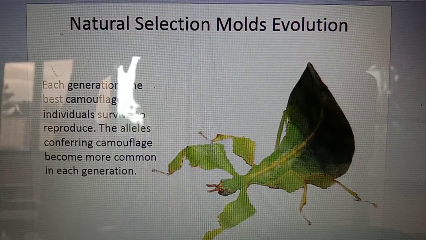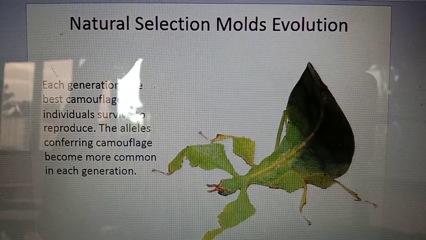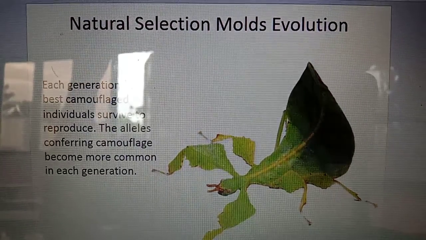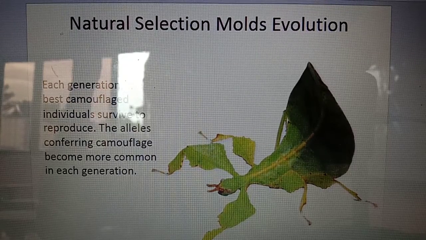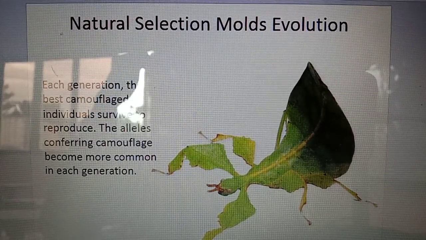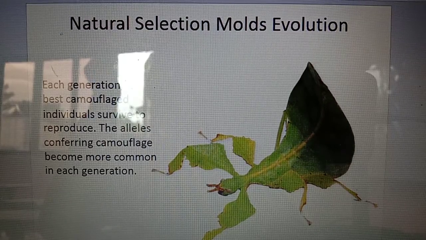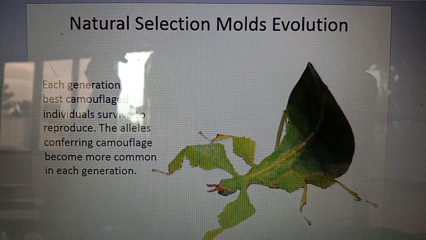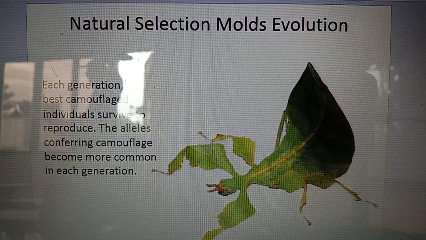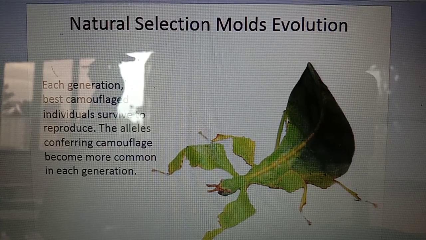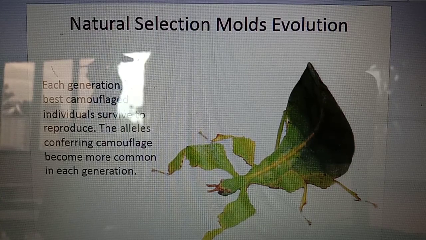So they can reproduce more because they are not eaten by their predators. But natural selection does not create camouflage alleles. Instead, it strongly selects for camouflage alleles that arise by chance. Okay?